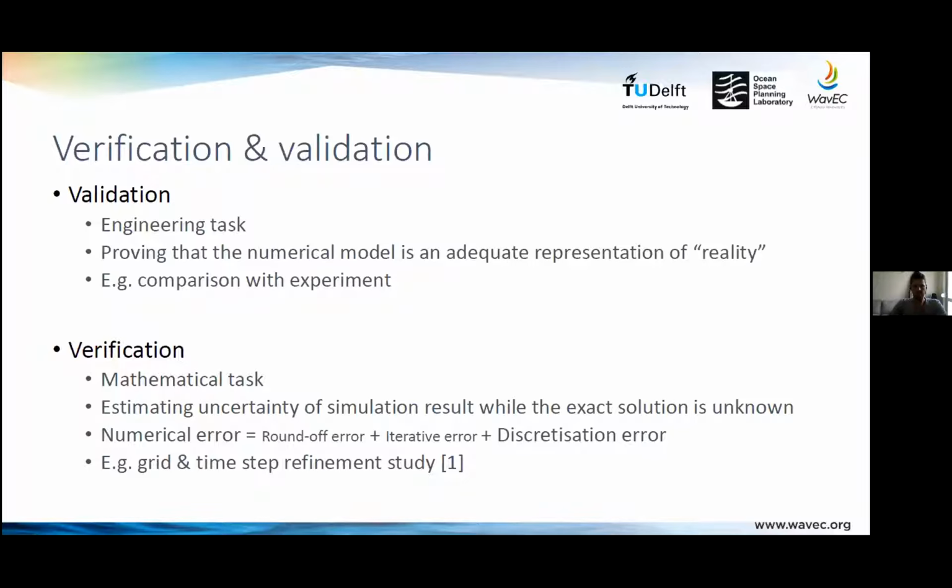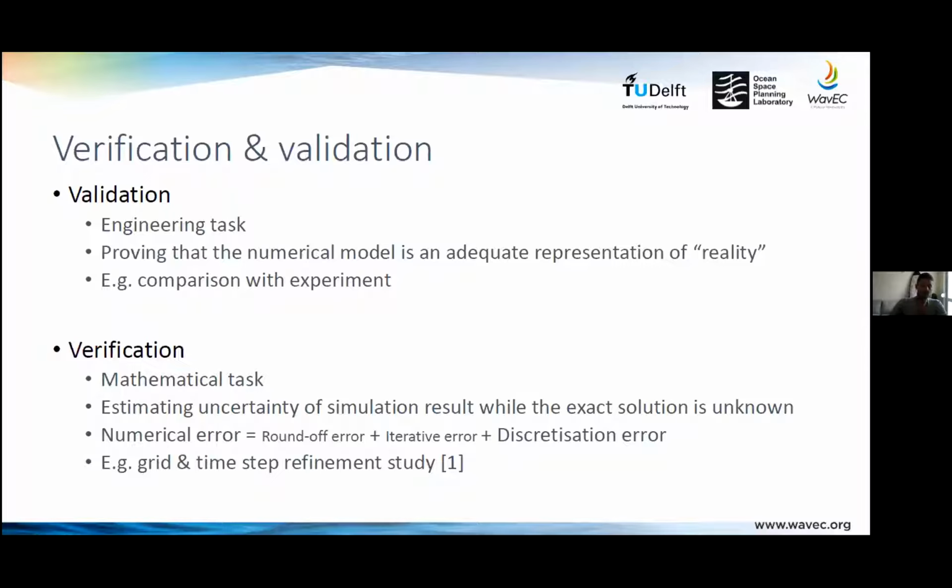What we understand by validation is basically an engineering task that aims to show that the numerical model we have created is a good representation of reality. Often we do that by comparing simulation results with experiments. And as you know, this is widely done in the literature.